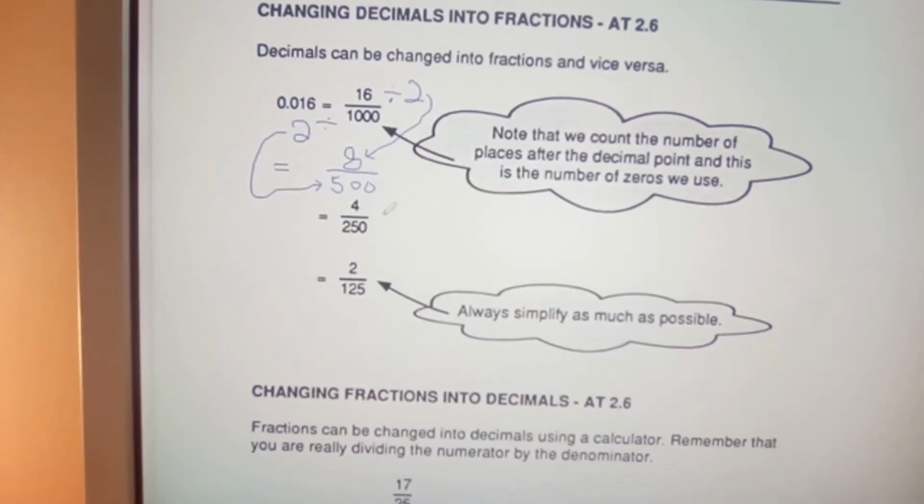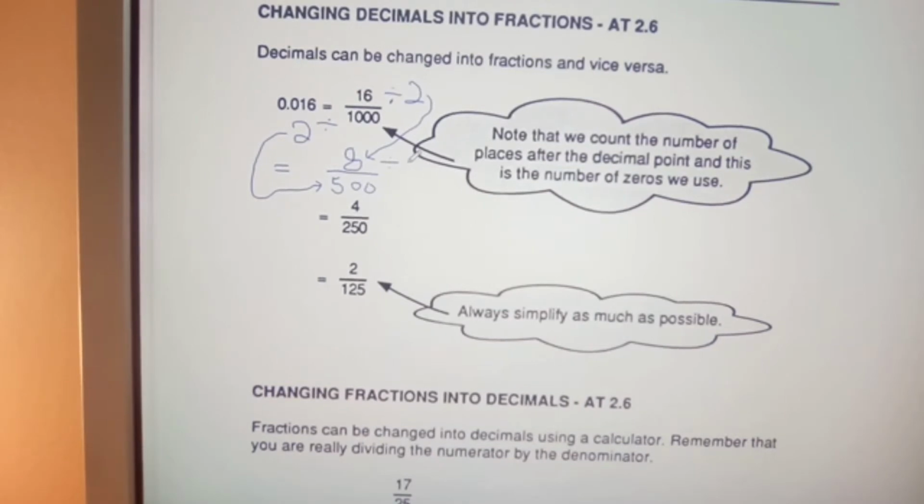Right, now if we divide 8 by 2, divide by 2 again. I'm doing this the simple, easiest way.